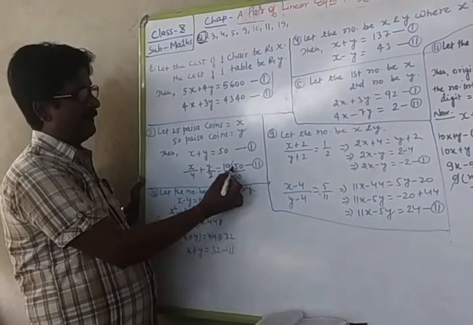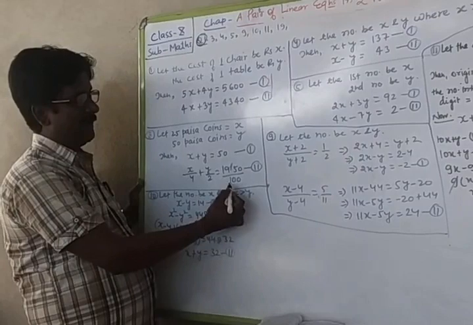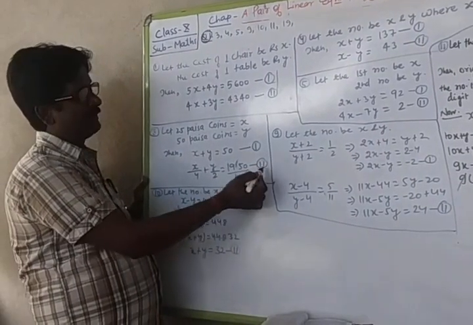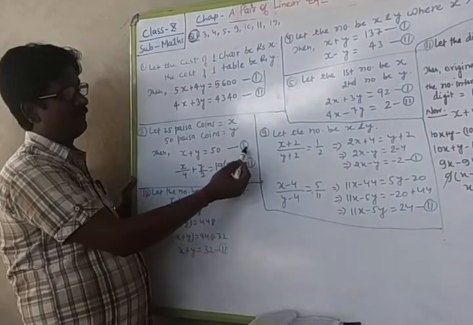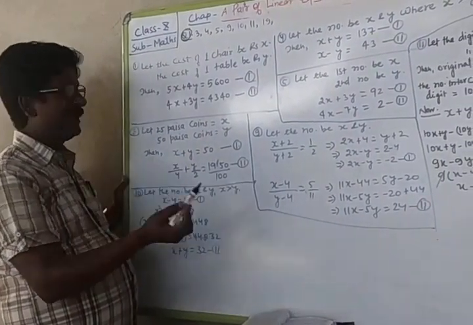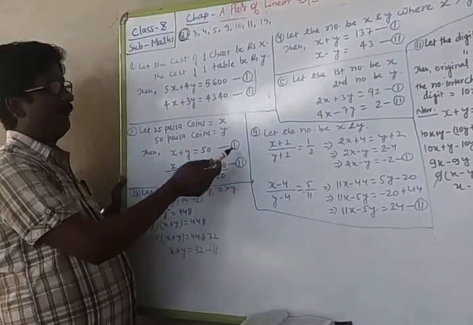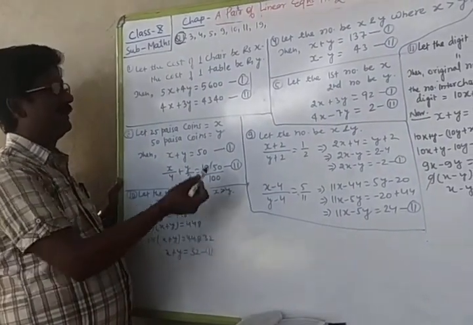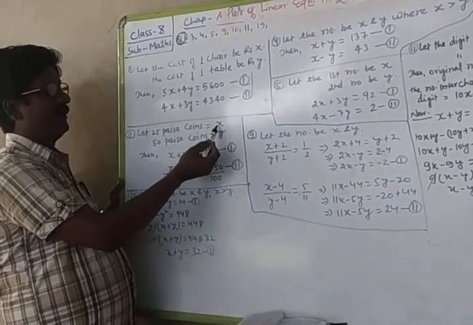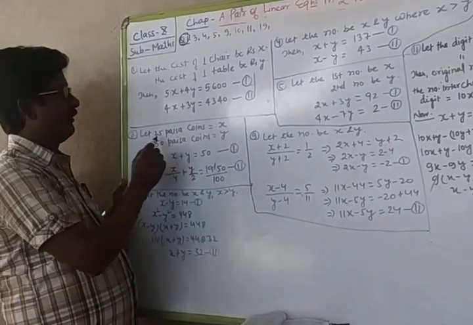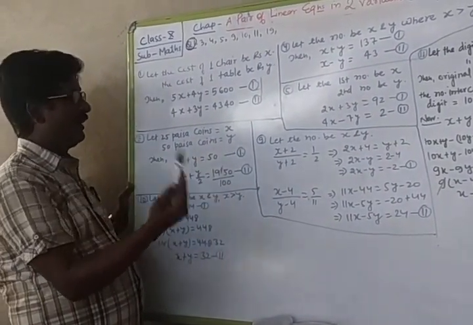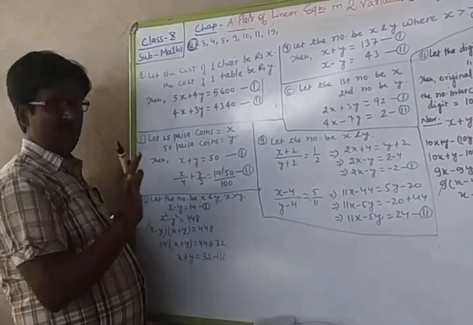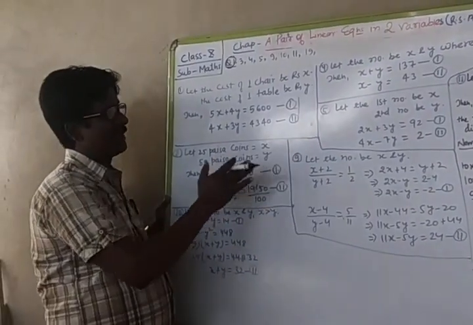And here I have eliminated this decimal by multiplying by 100, and this way this has become the second equation. Now we have the two equations, and once again we have to solve them to get the value of x and y. The value of x will be the number of 25 paise coins, and the value of y will be the number of 50 paise coins. Okay, so this way we can solve question number 3.